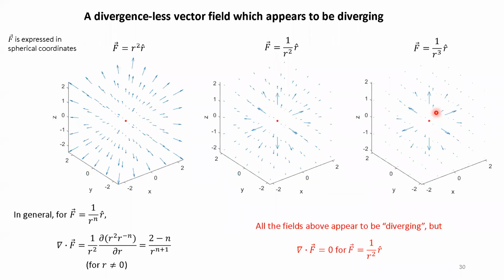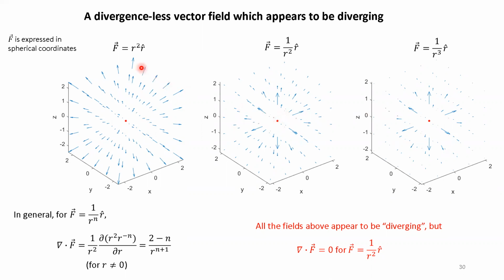Here I would like to clarify this by considering these three cases. If I just give you these three fields, you can see that in all cases the vectors are diverging out from the origin, and intuitively I would say they all have some non-zero divergence. What is the difference between these three cases?